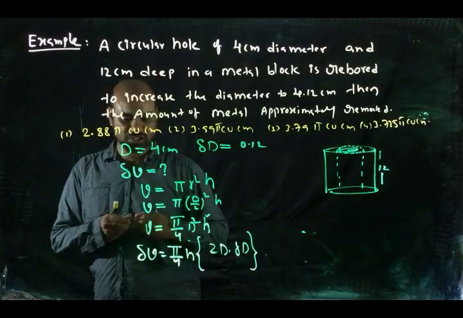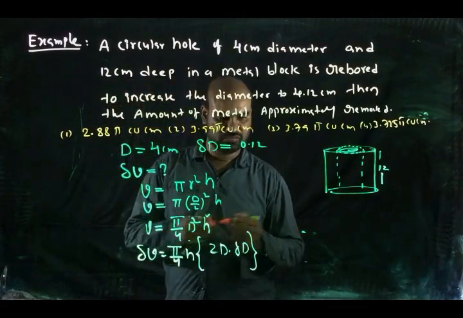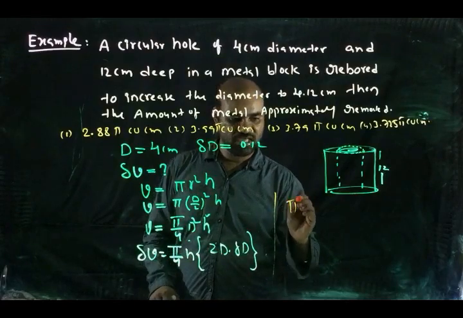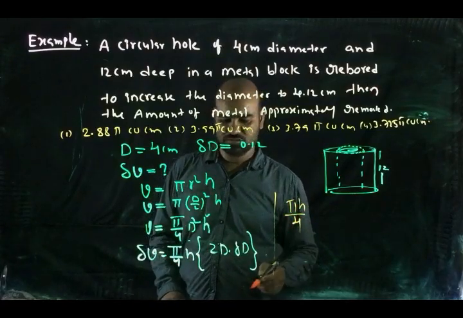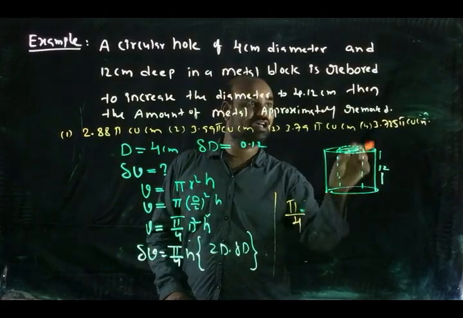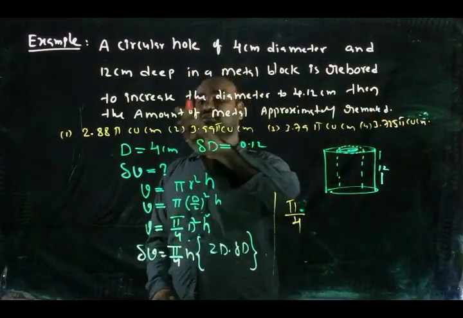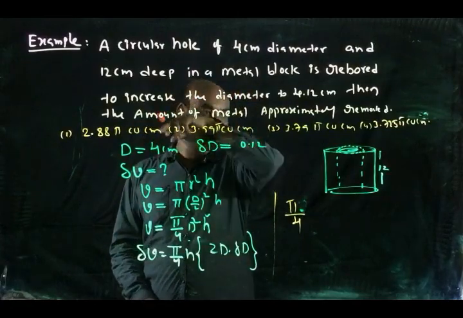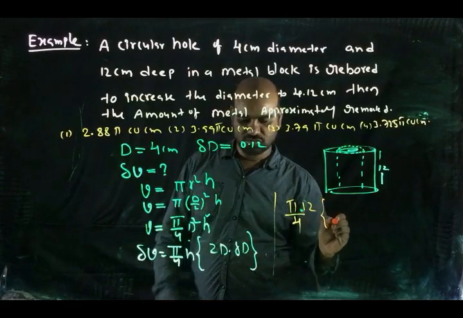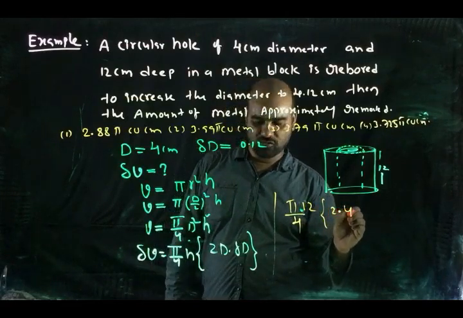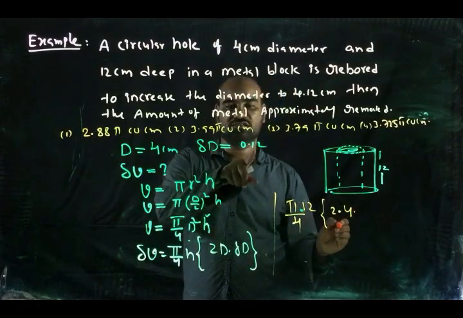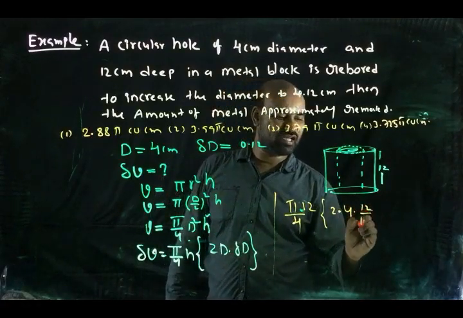Now just substitutions. Pi h by 4. H is also given, no? H is equal to 12, into 2 into diameter 4 into error in diameter, which is 0.12, that means 12 by 100.